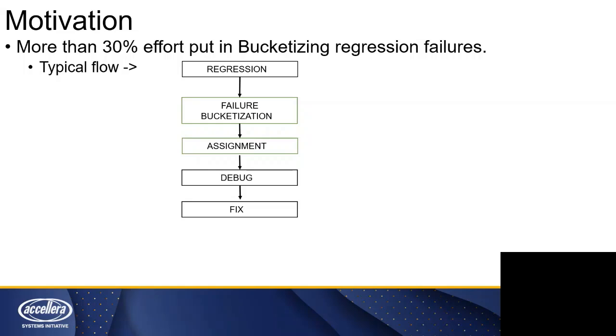Hence, our research work explores the prioritization of regression failures in verification using machine learning. If you look at this flow, the goal is to apply ML to these two stages.